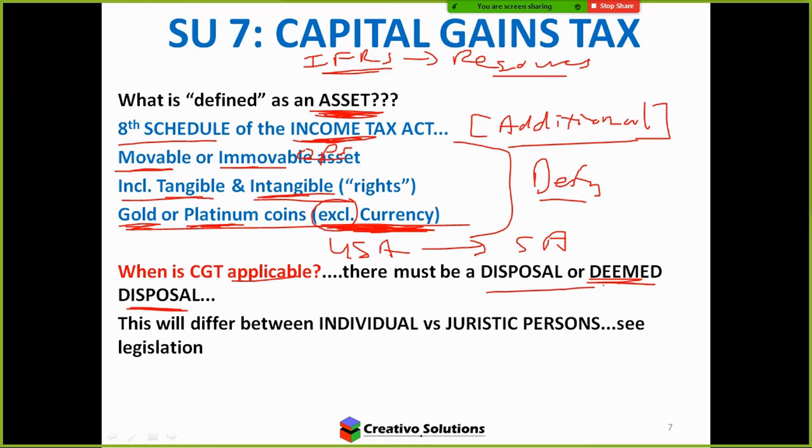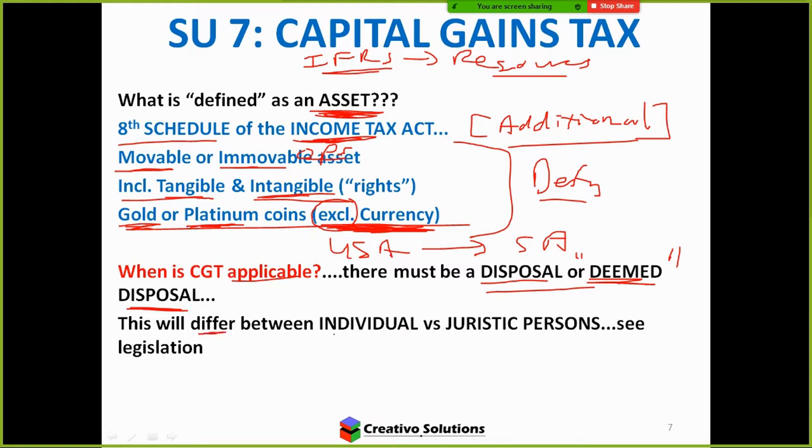That event would trigger a CGT event that you would have to pay tax on, even though you still hold those properties. That's just how it works. Different events can trigger CGT: either the actual disposal, so selling it, or deemed, in other words, as if you've sold it.